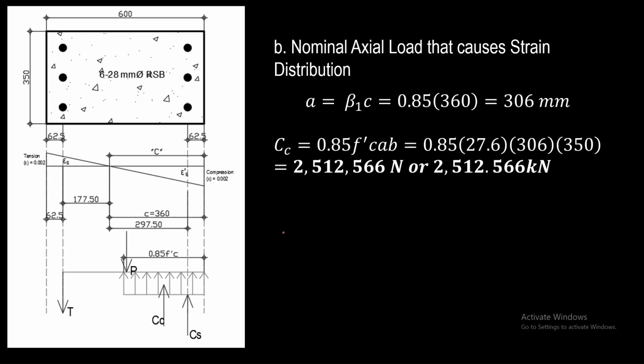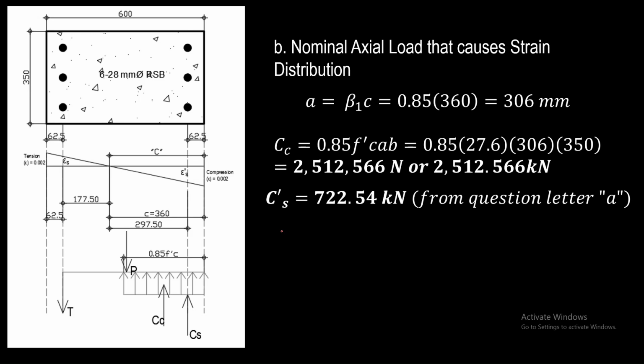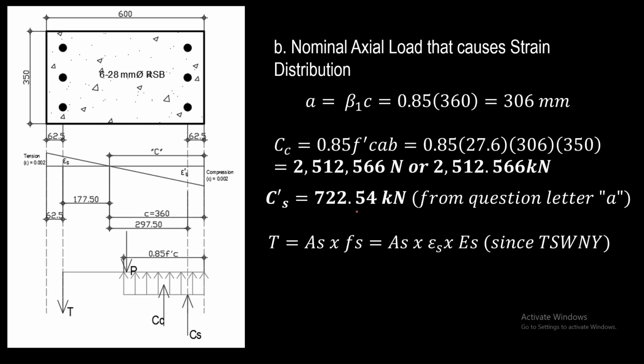After substituting into the equation, we have 2,512.566 kilonewtons. Next, the compression due to the compression reinforcement, as previously computed in question letter A, is 722.54 kilonewtons. And lastly, the tension force is As times Fs, the area of tension reinforcement times Fs.